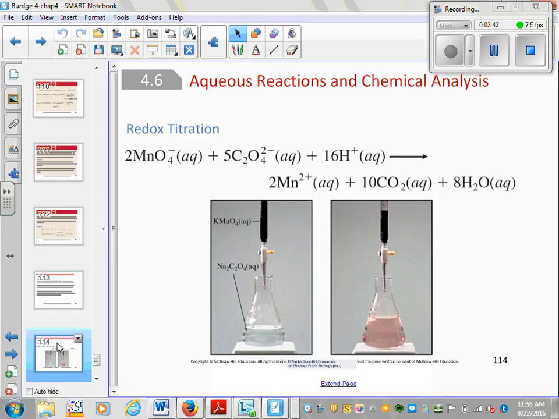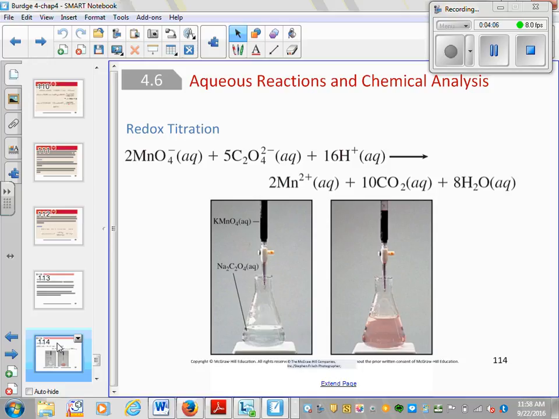So how many minuses do we have? 8. So Mn, the manganese must be? No, what's the total got to add up to? -1. So it's going to be 7 plus. Always look to see if there's a charge. So here we have manganese at 7 plus.